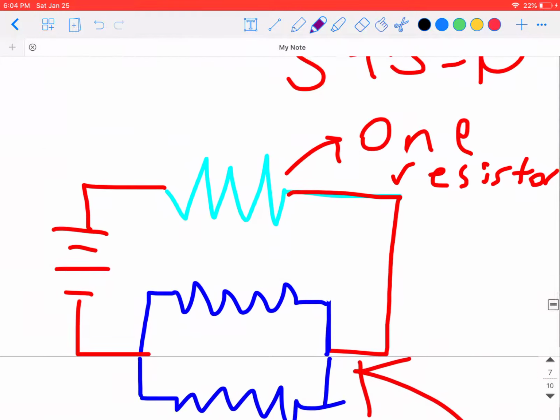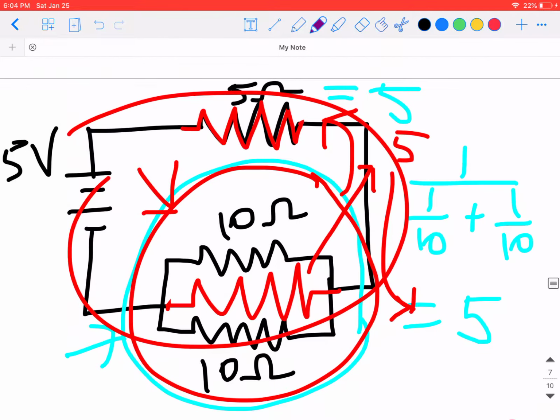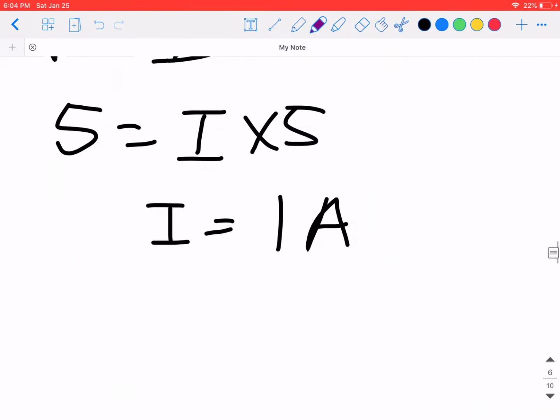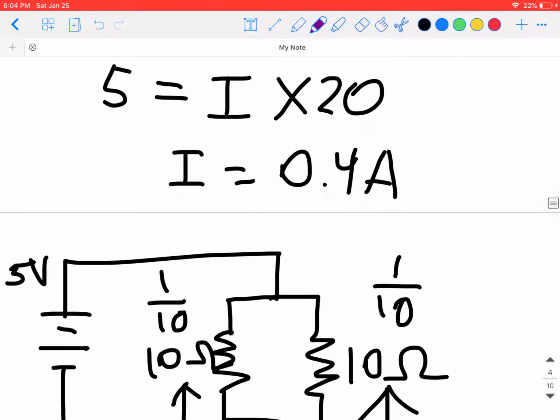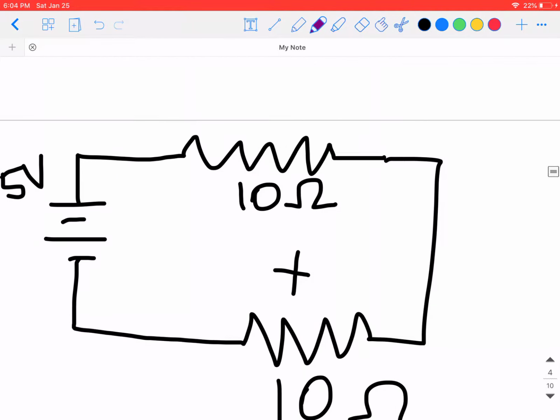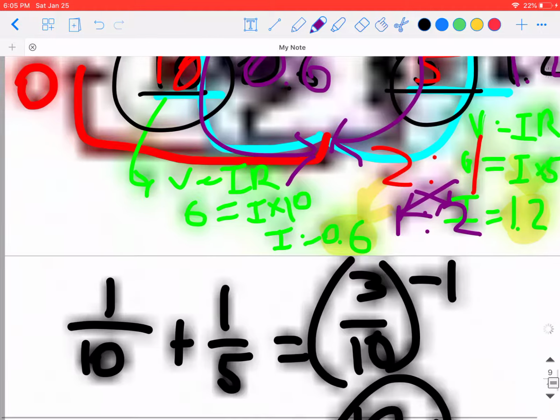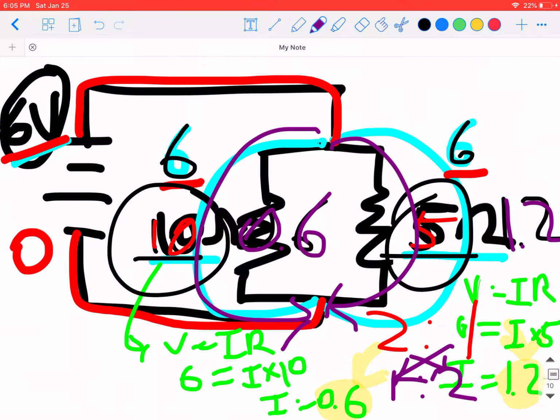Whenever you're going through resistors in series, your current stays the same throughout the entire circuit. Whenever you split up into parallel, you're going to have the voltages the same, versus in series, you're going to have the current the same. So that's just something to memorize. And that's basically all there is to circuitry.